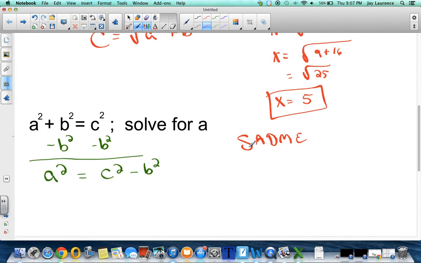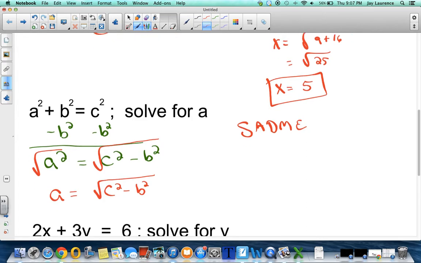All right, I'm going to undo the addition first. That's what I did by subtracting B squared. And now I'm going to undo the square by taking the square root. Notice I have to do the whole thing there. So I'm going to get A, and that's going to equal the square root of C squared minus B squared. Okay, it's kind of a shortcut formula for finding a side of a right triangle.